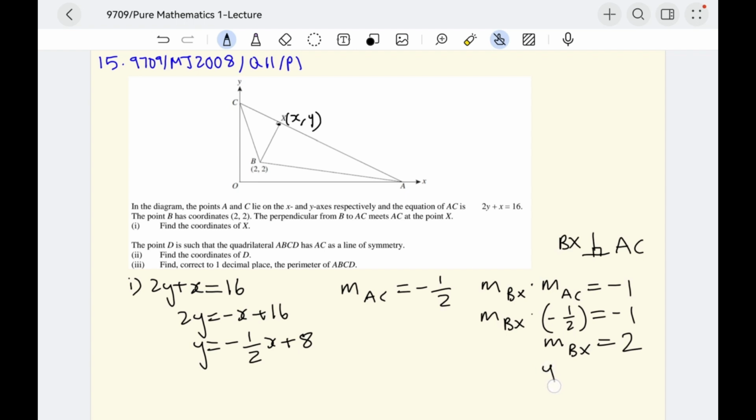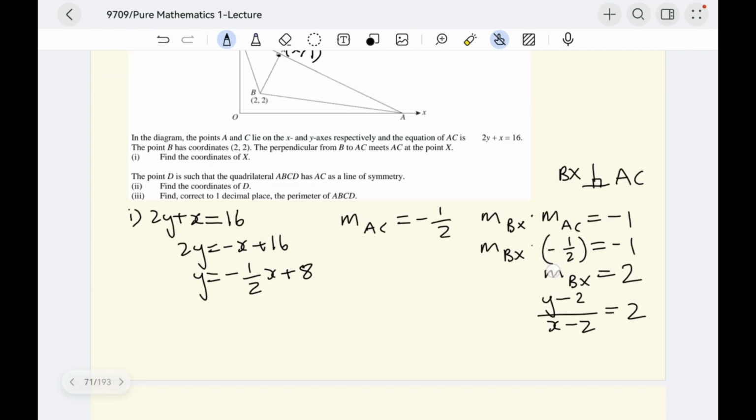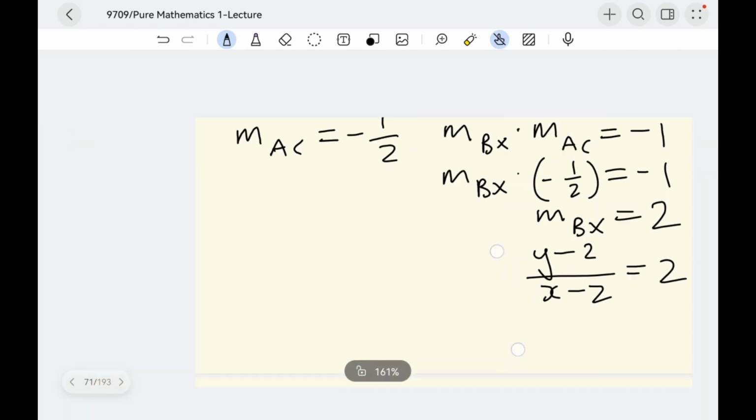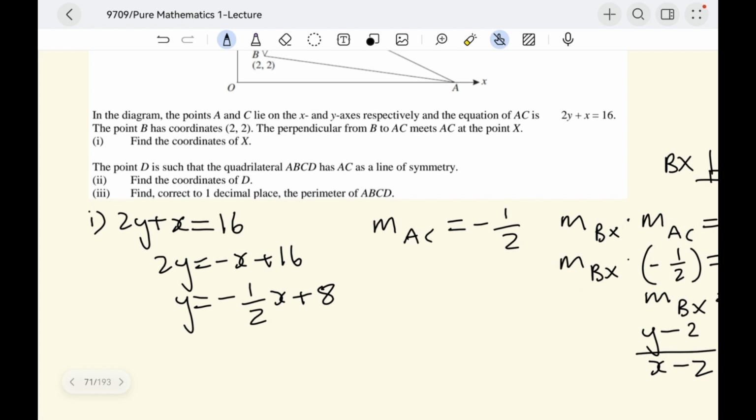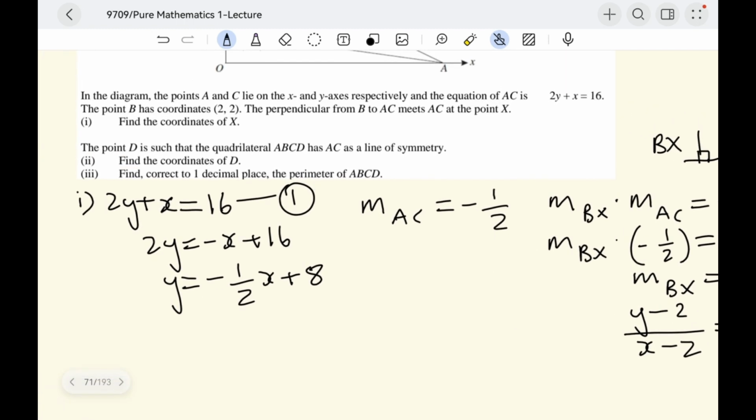So I have (y minus 2) over (x minus 2) equals 2. For the equation just now, we can label it as equation 1. Why do I have to change to this gradient form? In order to find the gradient easily.